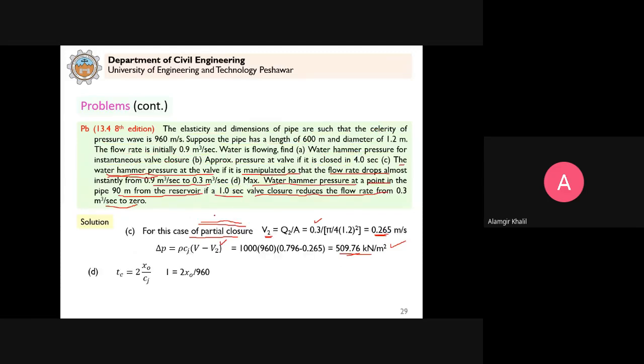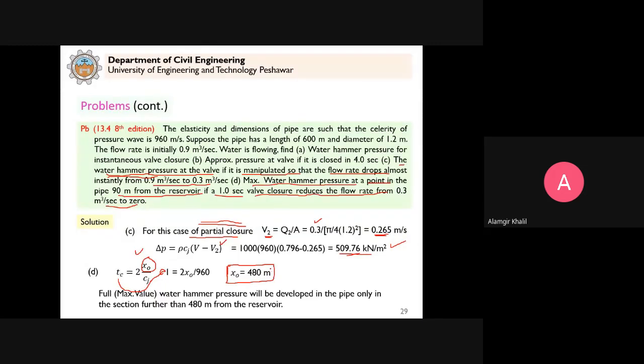So for rapid closure, we first calculate X naught. Tc is now 1 second. Cj is given, we can calculate X naught. So it means that any point less than X naught will experience a pressure less than the maximum pressure. But any point greater than X naught will experience the maximum pressure.